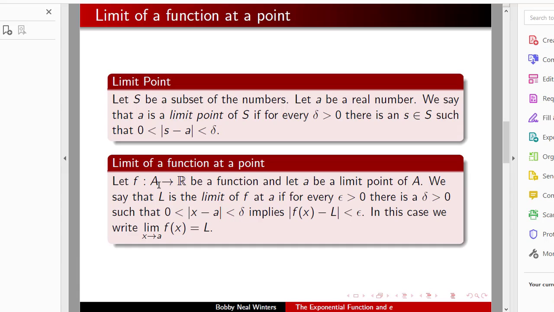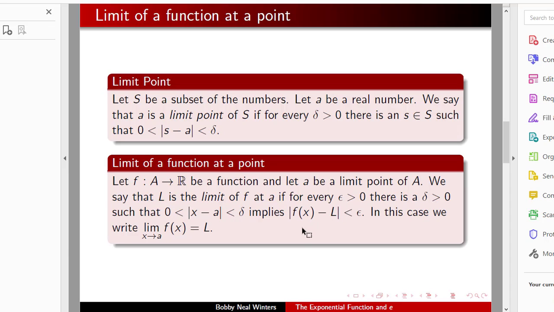Let f from the set A to the real numbers R be a function, and let little a be a limit point of capital A. We say that L is the limit of f at the point a if for every epsilon greater than 0 there is a delta greater than 0 such that 0 less than |x minus a| less than delta implies that |f of x minus L| is less than epsilon.